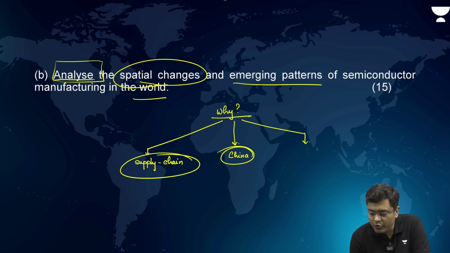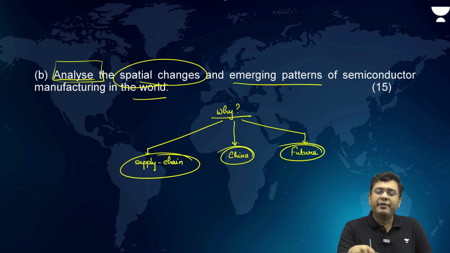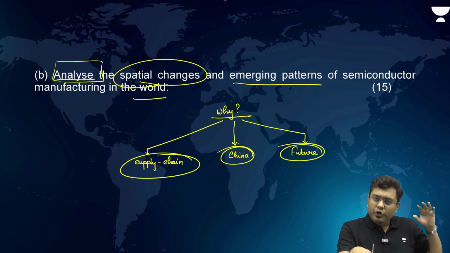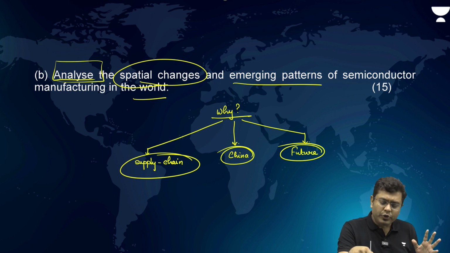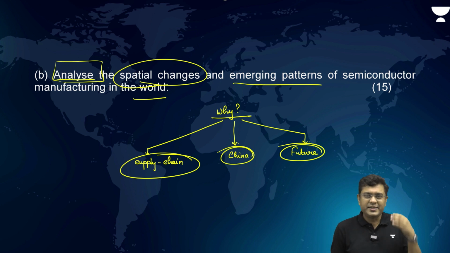Then the future requirement: any kind of future advancement of technology, any kind of equipment from space tech to a simple mobile phone or electronic equipment does require semiconductors. So that is where self-sufficiency is something that the countries are aiming for. That is something you can talk about, why it is changing in India.